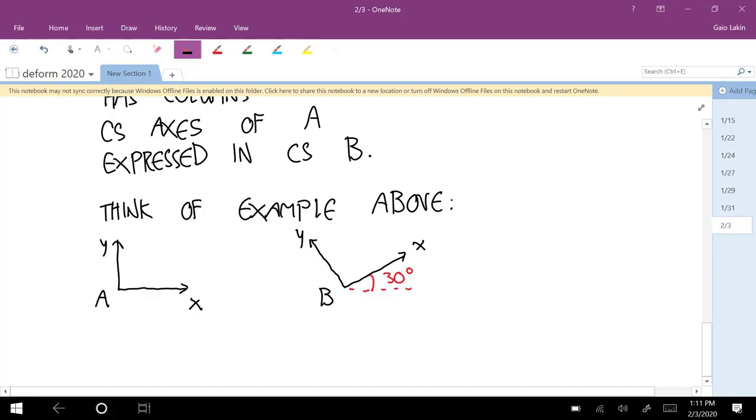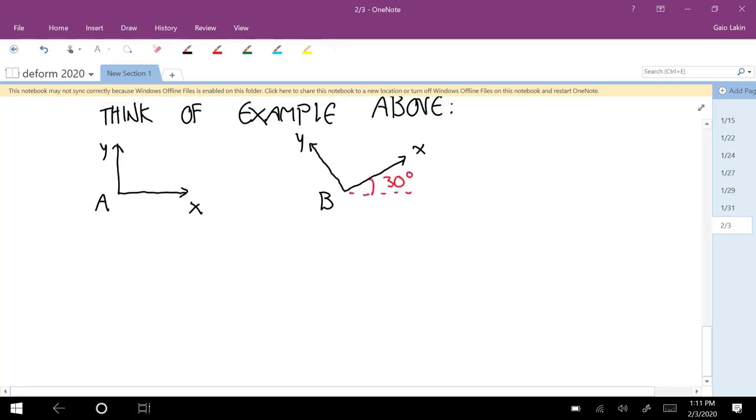So the first axis is the x-axis. Take the x-axis and express it in this coordinate system. If I took the tail of this vector and put it here, what would be the components of that vector in the B coordinate system? To get from the positive x-axis to that vector, it would be negative 30.